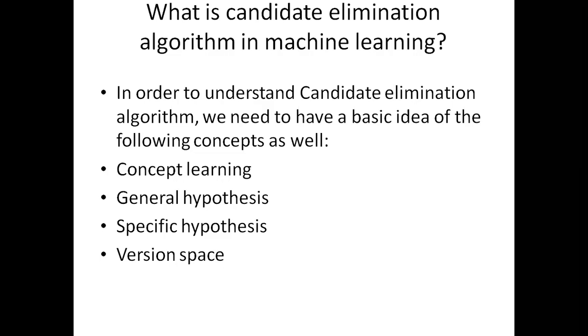In Find-S algorithm, whatever you studied in the previous classes, it uses only the specific hypothesis. Now in candidate elimination algorithm, we use two concepts: general hypothesis and specific hypothesis. The specific hypothesis refers to a top down approach, where you come from top to bottom. The general hypothesis refers to a bottom up approach, where you navigate from bottom to up.